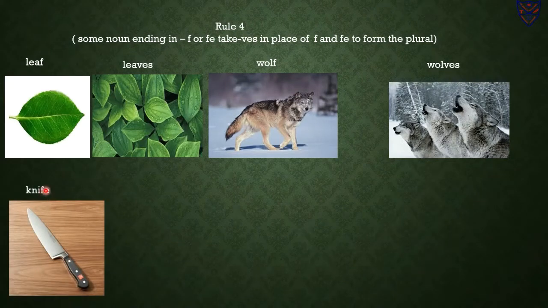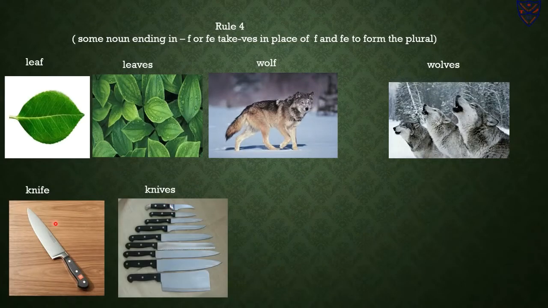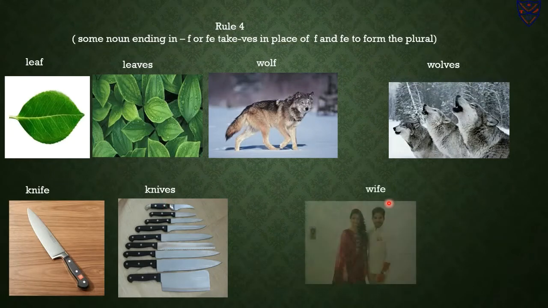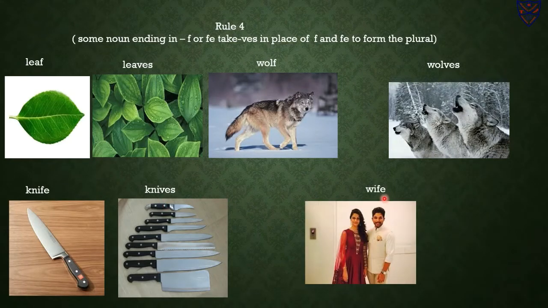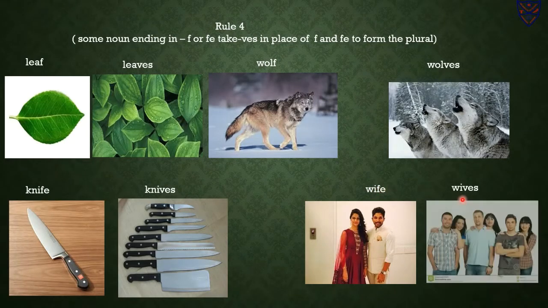At that time also we will cut fe and add ves to convert it into plural. Knife, knives. Wife. At last fe is there, right? Now to convert this word wife into plural, we have to cut fe and add ves. Wives.